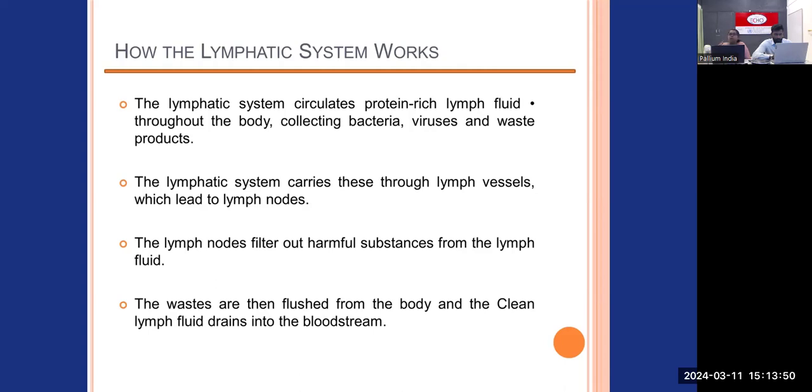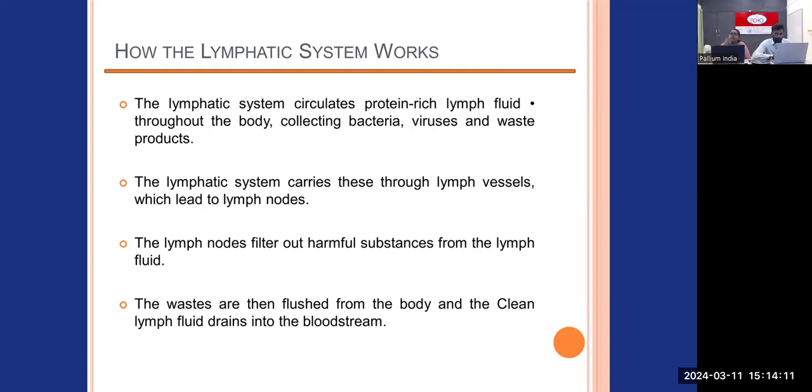So the lymphocytes have a major role in the lymphatic system. They will be there to fight against bacteria. They will try to kill the bacteria, but sometimes it fails.